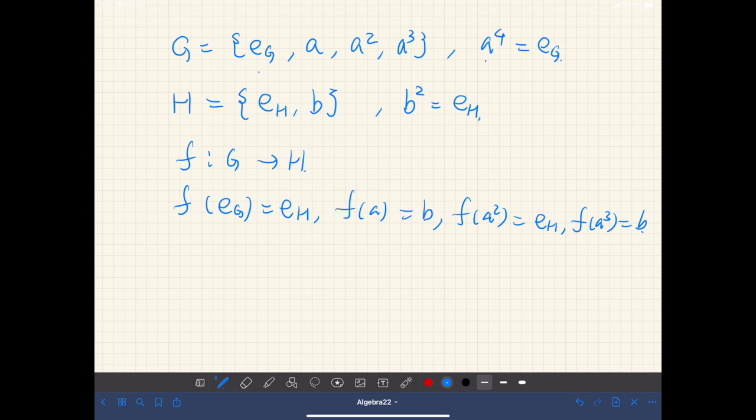So for every element of G, we have a corresponding element in H, either e_H or b. And this f is a homomorphism.